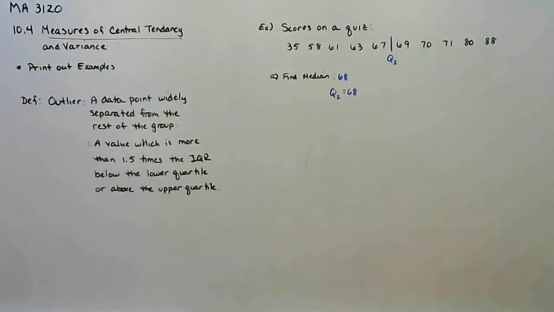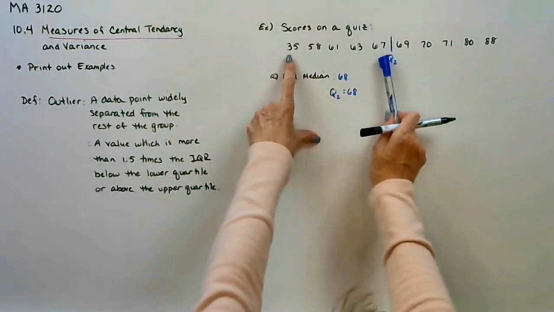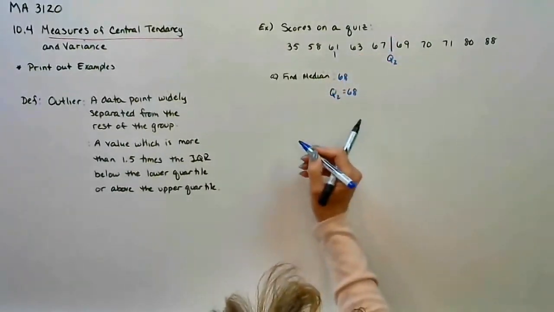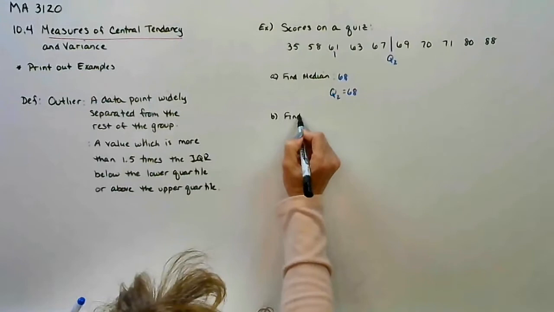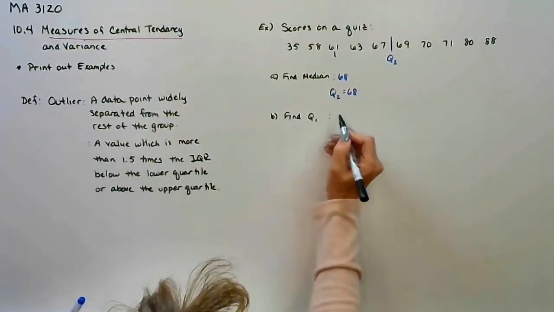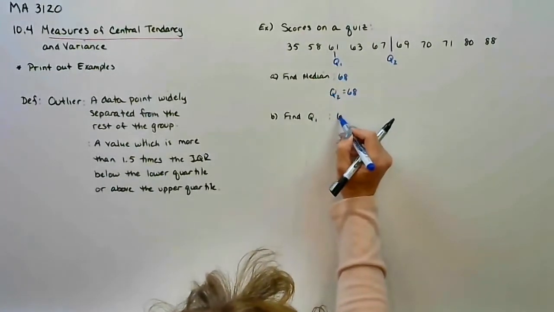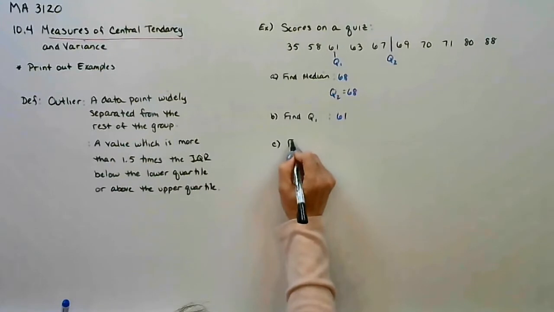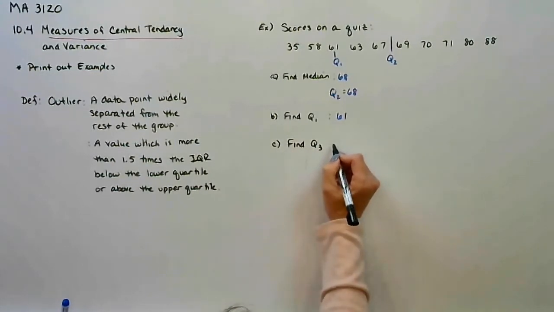Then we need to find the median of each half. Since there are 5 scores, the exact middle value here would be 61. So quartile 1 is 61. We need to do the same thing on the other half to find the third quartile.